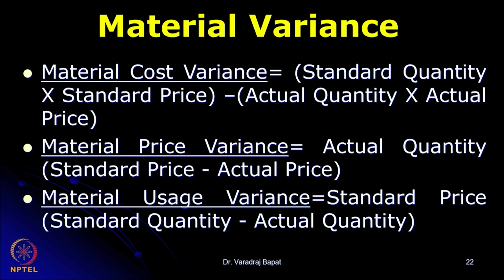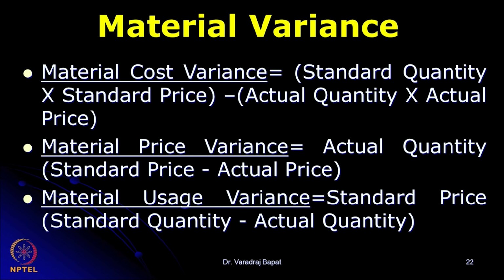Now, let us concentrate on how to calculate material variances. Please understand it carefully, because these formulas are the base. If you understand material variances carefully, you can use the similar formulas for labor, overhead, sales and so on. Now, the total variance, the main variance is a material cost variance.